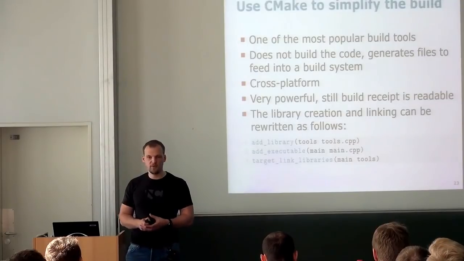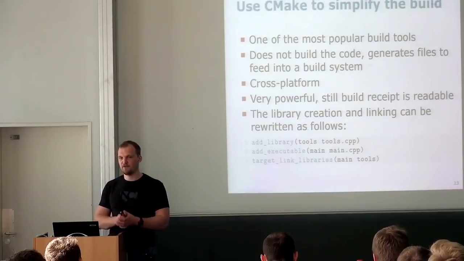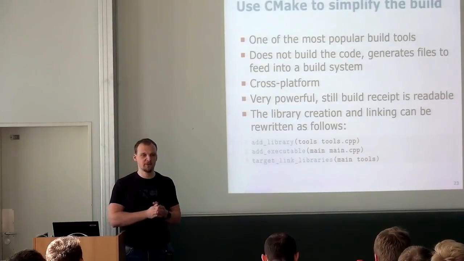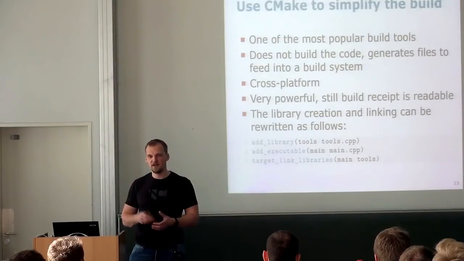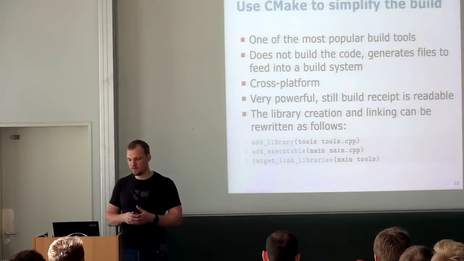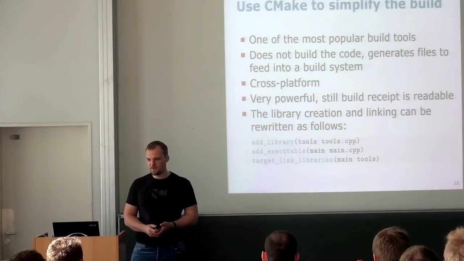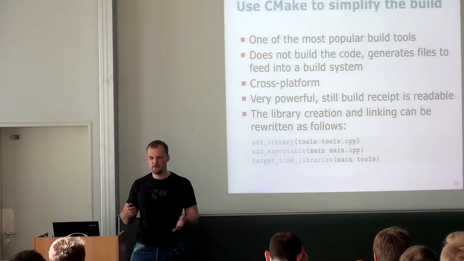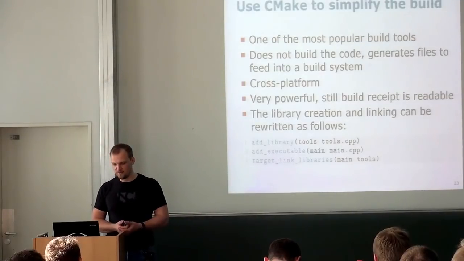So we're going to be using CMake in this course exclusively, and it's a very popular build system. It's a very mature build system too. It's been there since ages, and it keeps getting updated. So it's used by a lot of companies, a lot of universities, and so on. It's cross-platform too, so you can use it on any system theoretically. We will, of course, use it on Linux.